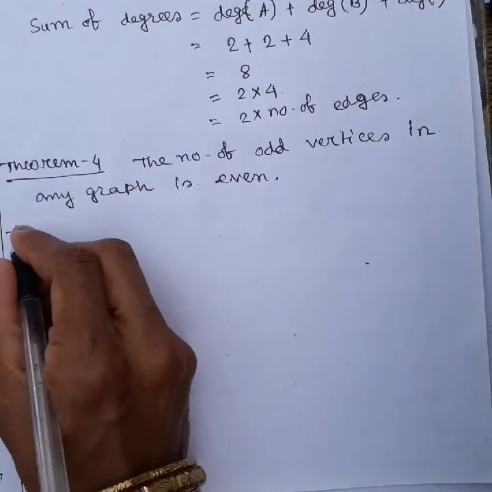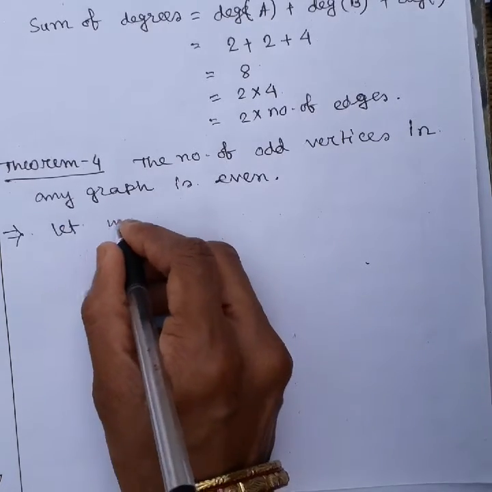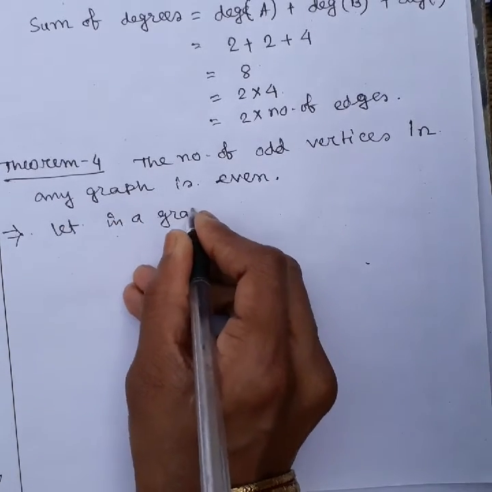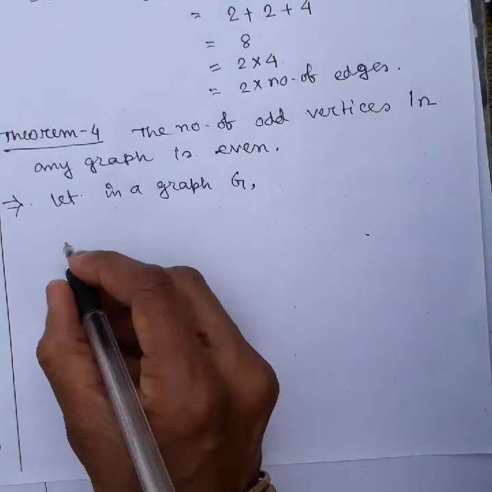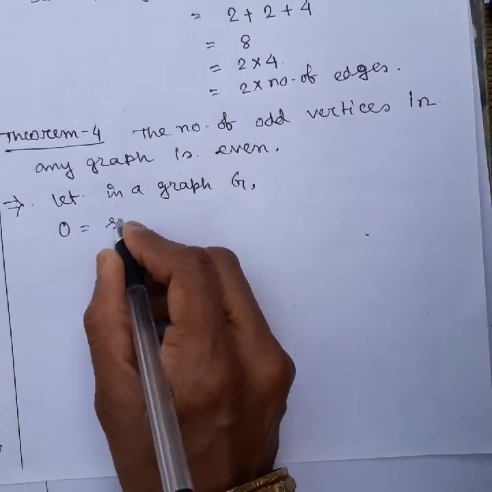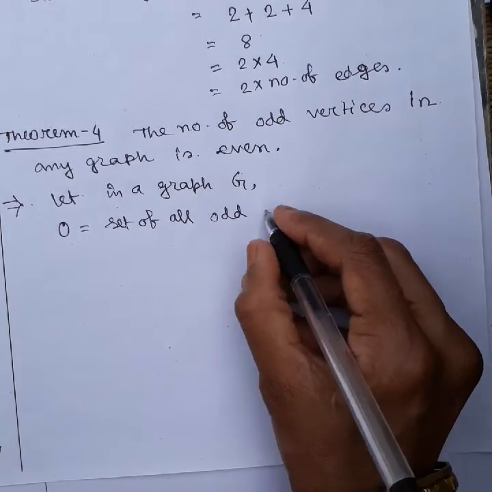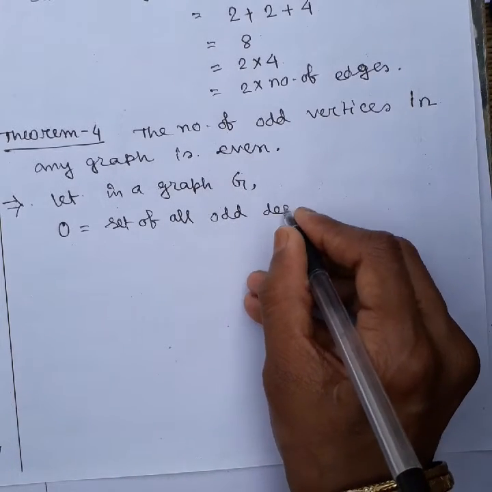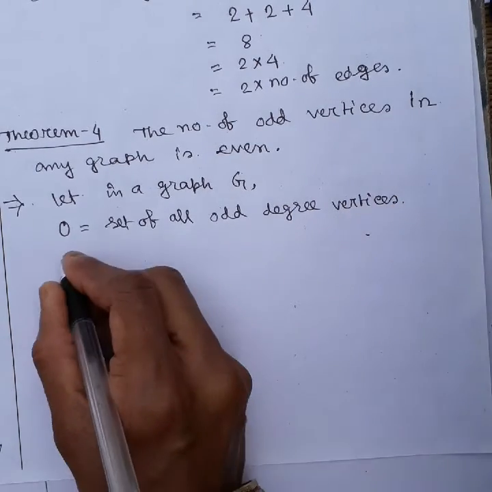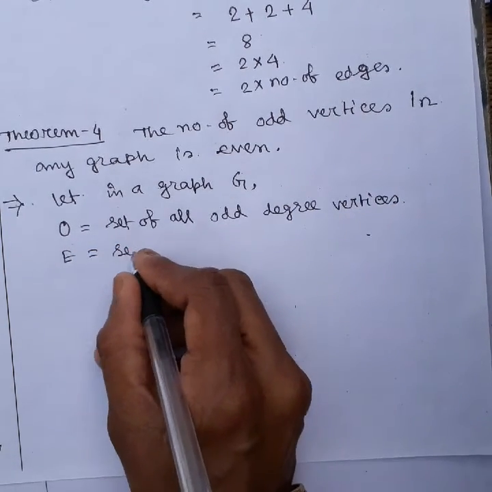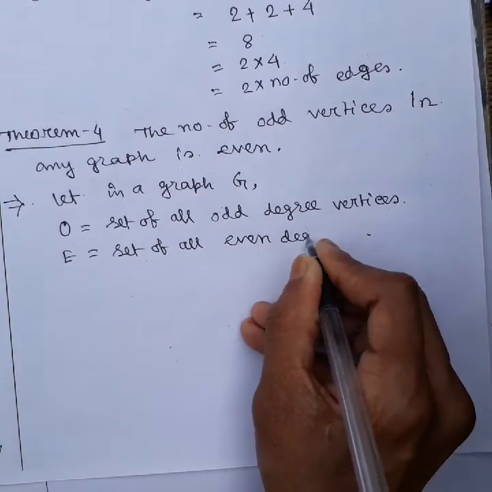We have to prove it. Now let, in a graph G, O be the set of all odd degree vertices and E be the set of all even degree vertices.